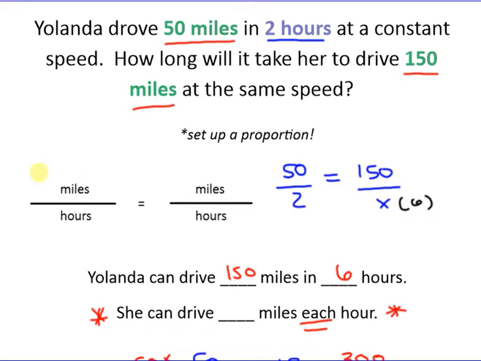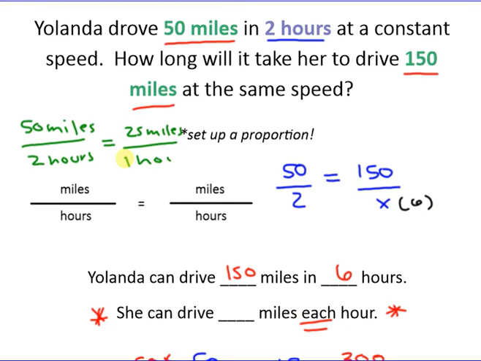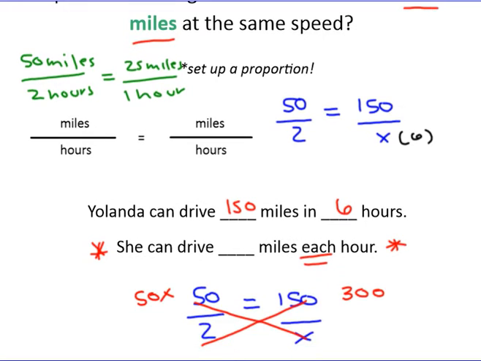And that's just going to be a separate problem. So I'll take this one right here. If she drives 50 miles in 2 hours, go ahead and divide those. She drives 25 miles in 1 hour. So she drives 25 miles each hour.